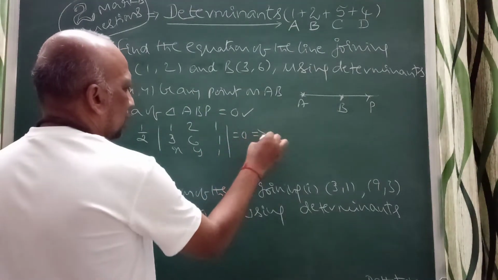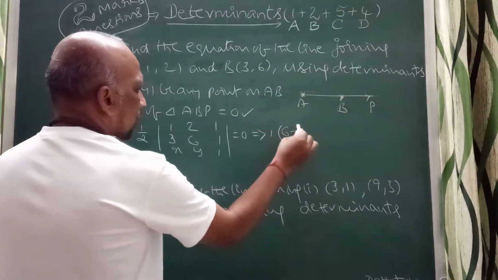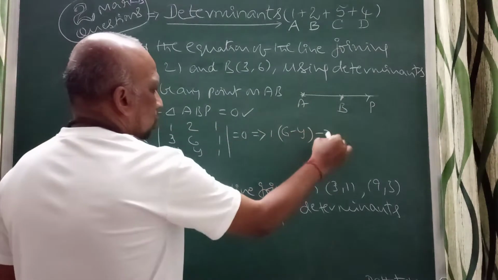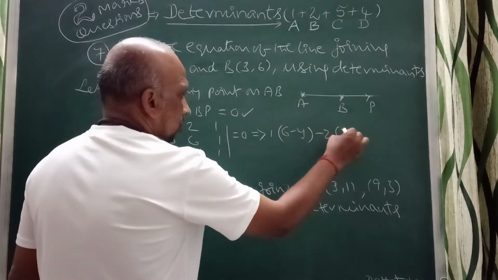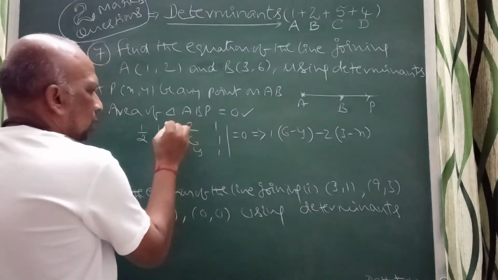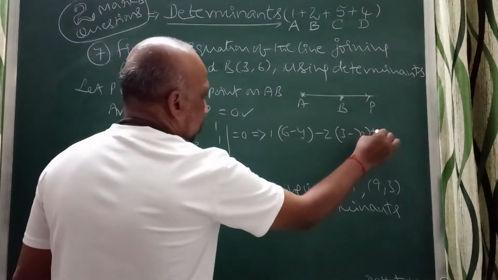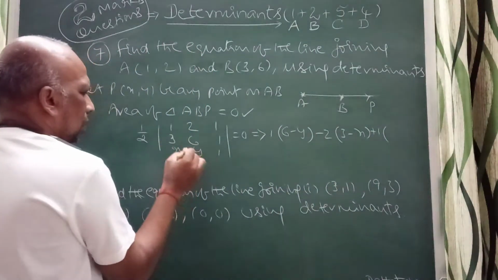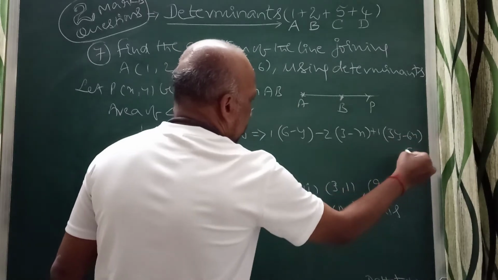If I simplify this, just by determinant expansion: 1 into (6 minus y), minus 2 into (3 minus x), plus 1 into (3y minus 6x), which is equal to 0.